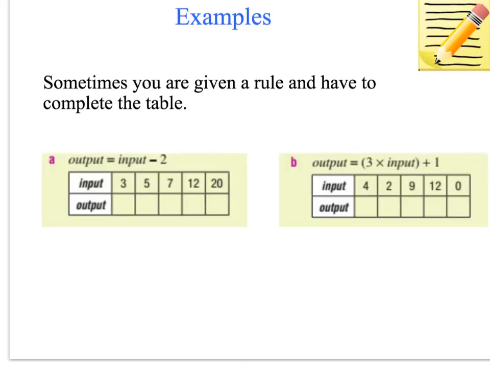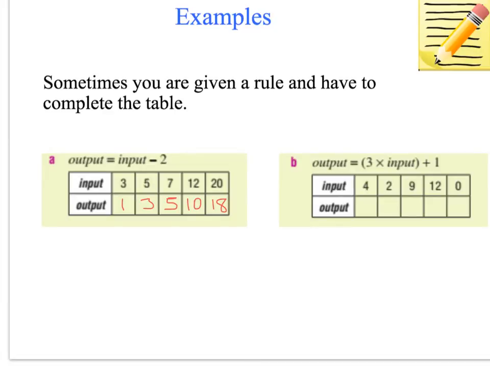We can work it out by applying the rule. So it's the input minus 2, so 3 minus 2 is 1, 5 minus 2 is 3, 7 minus 2 is 5, 12 minus 2 is 10, 20 minus 2 is 18. So that's pretty easy. Once you've got the rule, it's actually quite easy to apply.